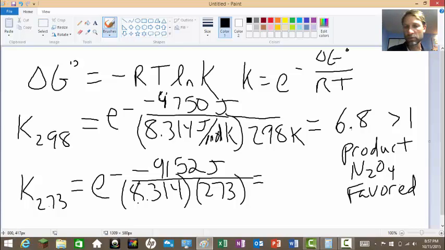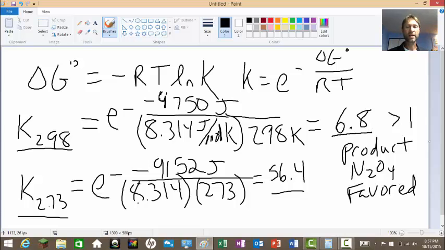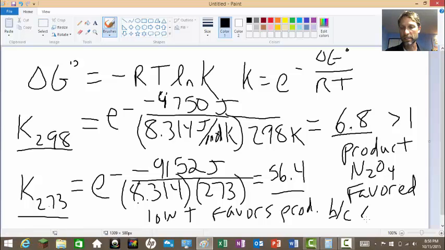Okay, and this equals 56.4. So notice once again that the equilibrium constant at the lower temperature is greater than the equilibrium constant at the higher temperature, meaning that low temperature favors the products. Low T favors products, and that's because delta S is negative.